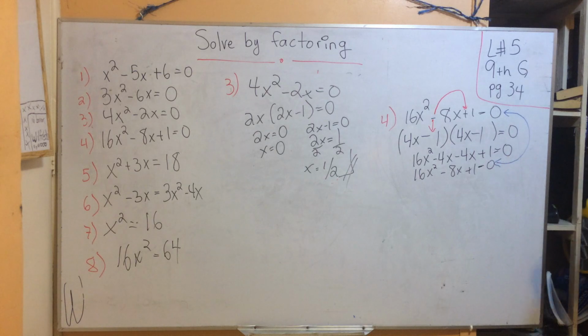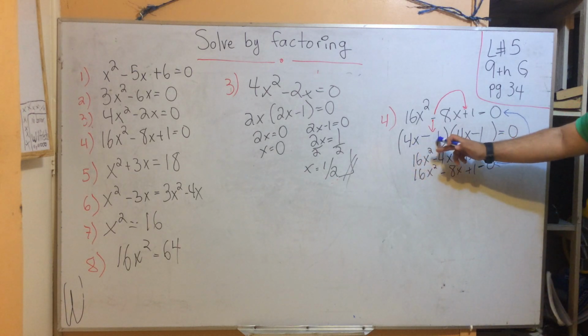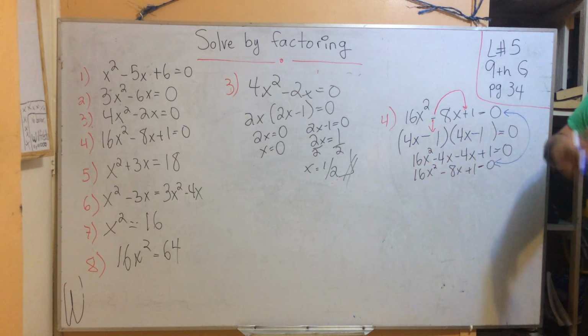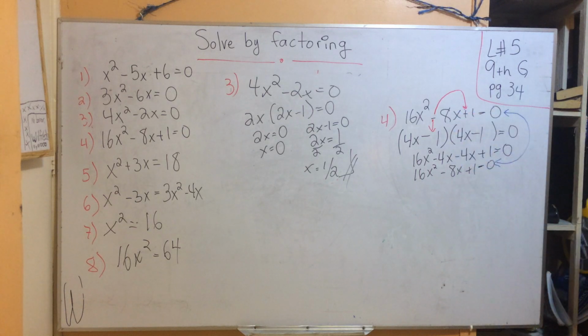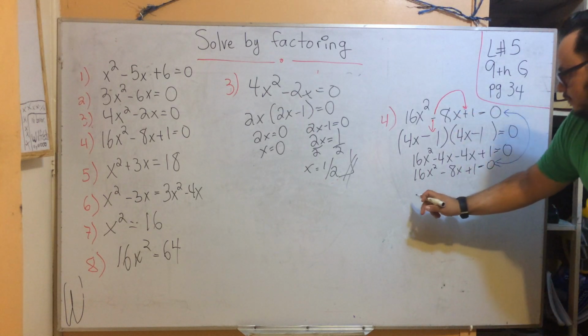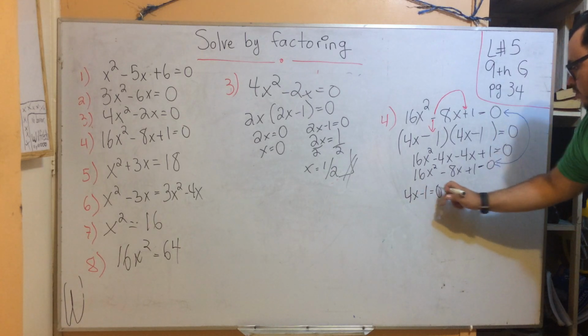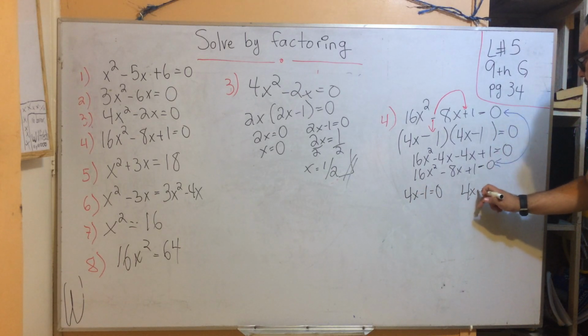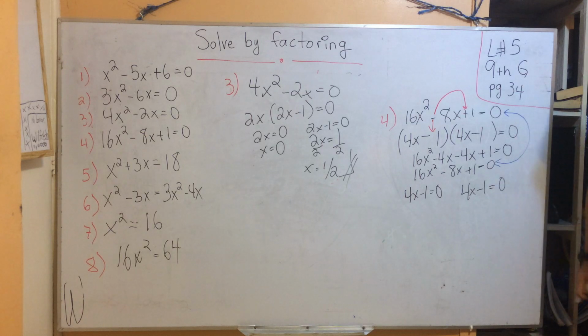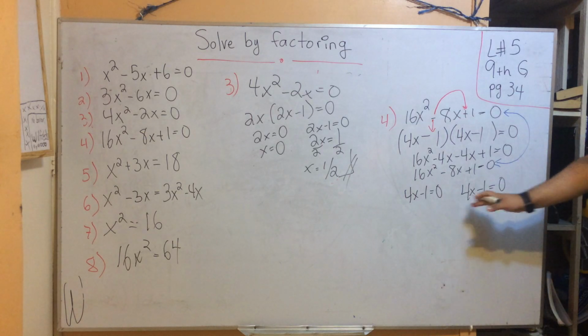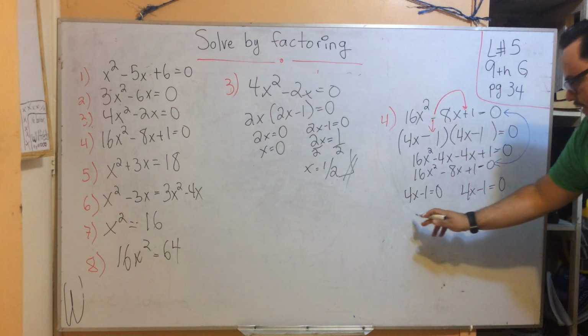That means that 4x minus 1 and 4x minus 1 are the factoring terms for this equation. So we take 4x minus 1 equals to 0 and 4x minus 1 equals to 0. So we only do it on one side because it's the same thing.